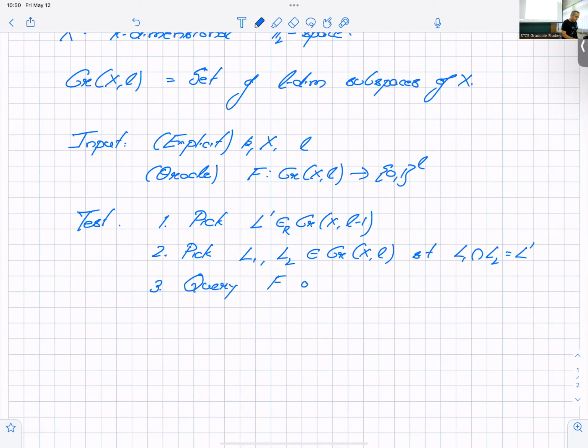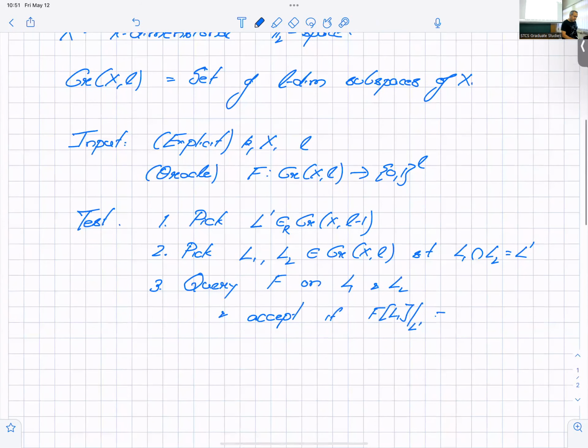Query f on L1 and L2 and accept if f on L1 when restricted to L' is the same as f on L2 when restricted to L'.